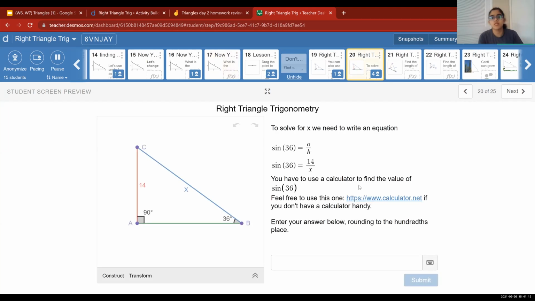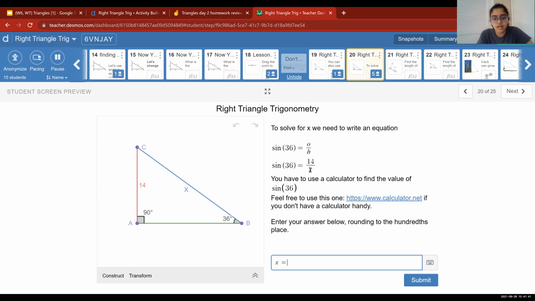Okay, so we're trying to solve for x. We know sine 36 is equal to opposite over hypotenuse, right? So sine 36 is 14 over x. To find x, firstly, to get x on one side, we need to multiply both sides by x.